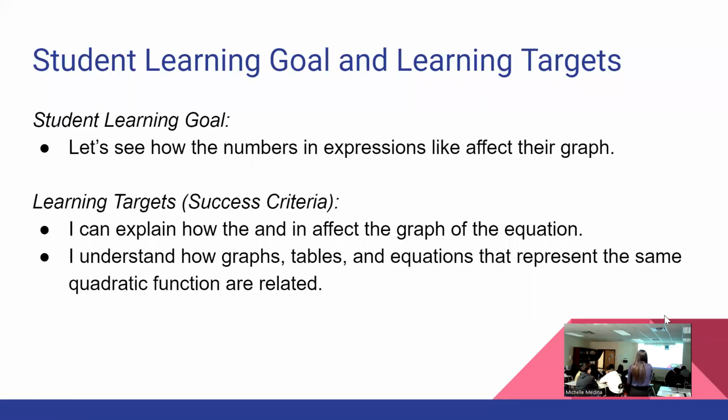The goal for lesson 12 is to see how numbers in expressions, like x squared plus bx plus c, what form is that, by the way? When it's ax squared plus bx plus c.